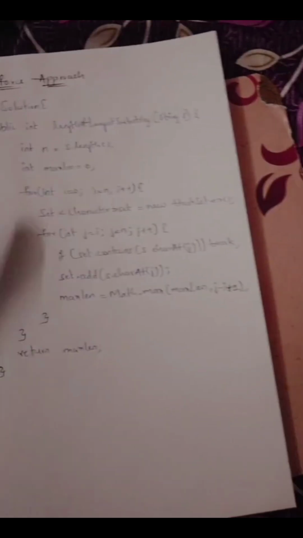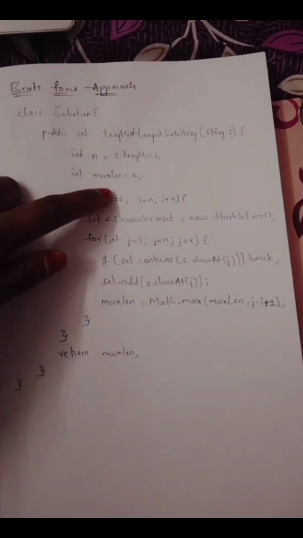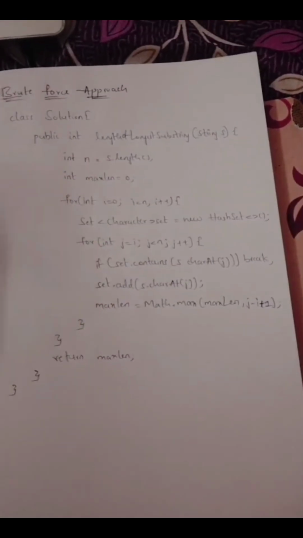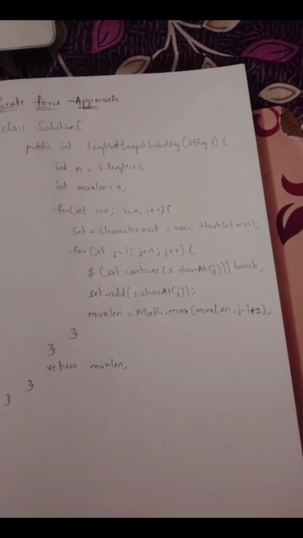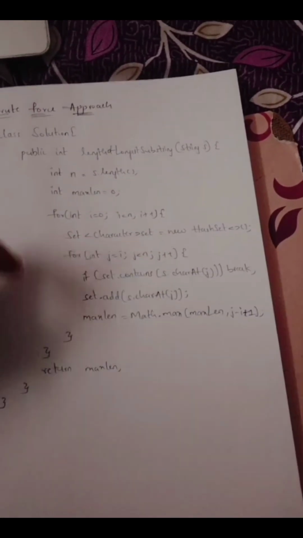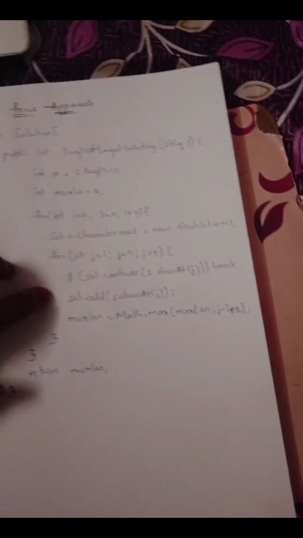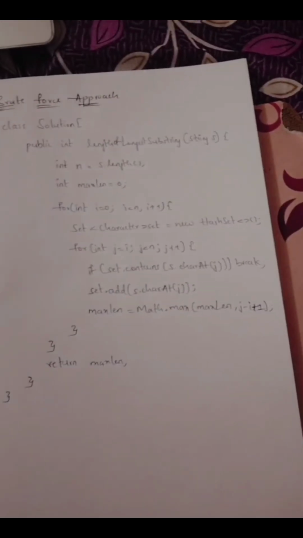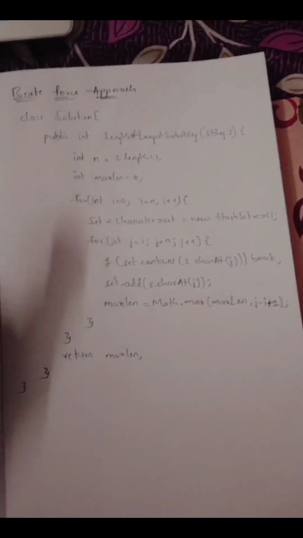So this n represents the string length, and this max length stores the longest substring length, and this outer loop i represents the starting index of the substring, and this set keeps track of characters already seen in the current substring, and this inner loop, which is j, represents the ending index of the substring starting at i.